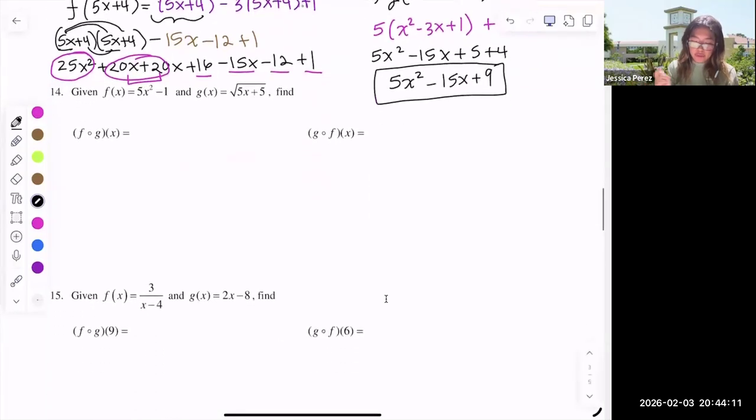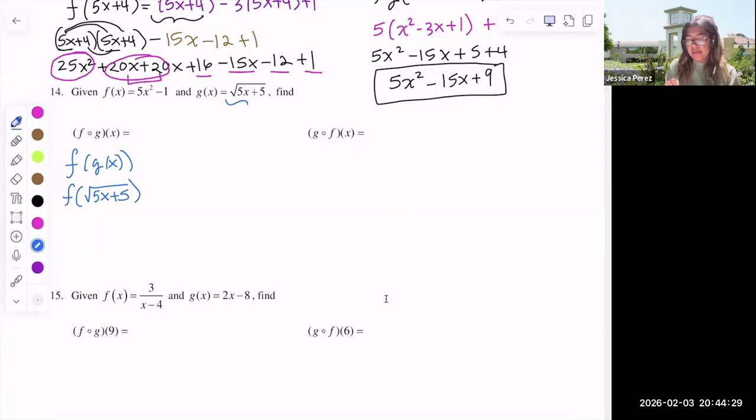Alrighty, let's look at number 14. Number 14, you're composing f of g of x. And if we look at this carefully, we have f of the square root of 5x plus 5. Now, the inside of a square root is always positive, so we have to just take that into consideration.